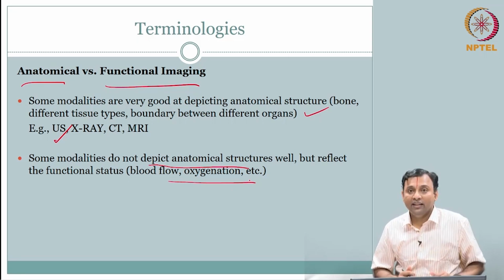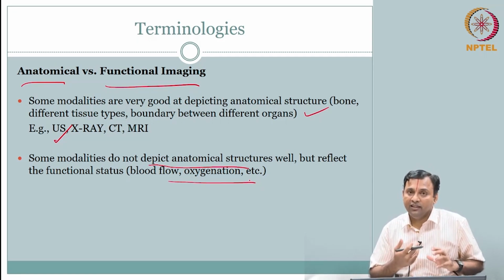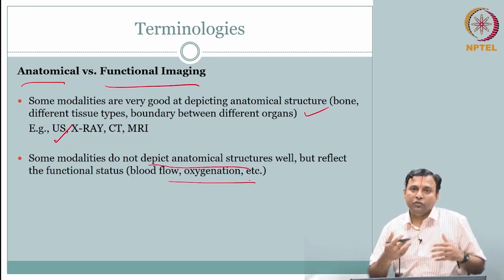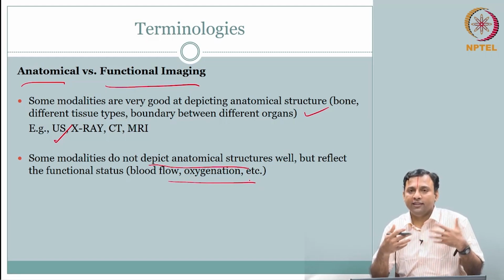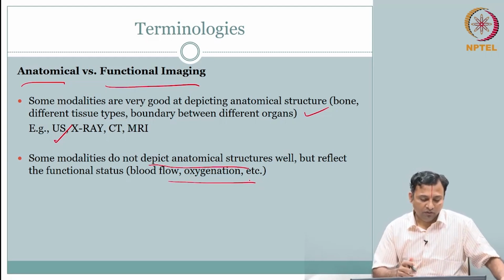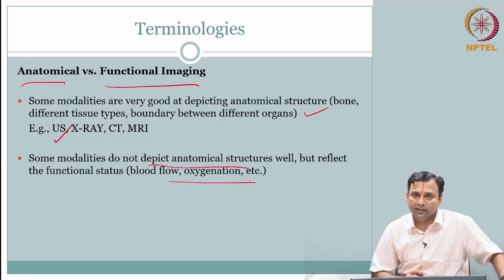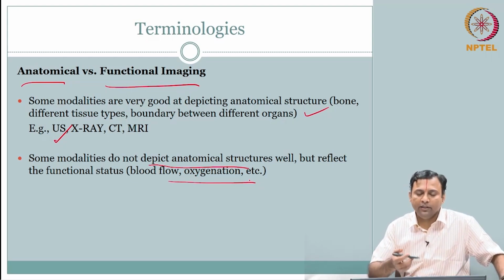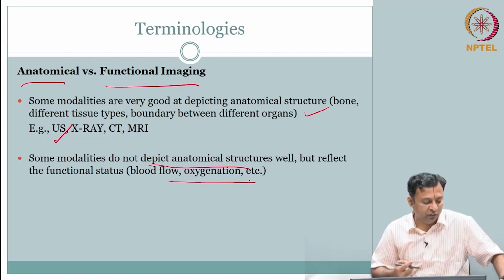If I can see that, then that is functional, right? Of course, if you couple 2-3 different modalities, then you see the structure and function, right? So functional imaging has its own advantage. Not all of them can do it, right? Not one modality can do everything.